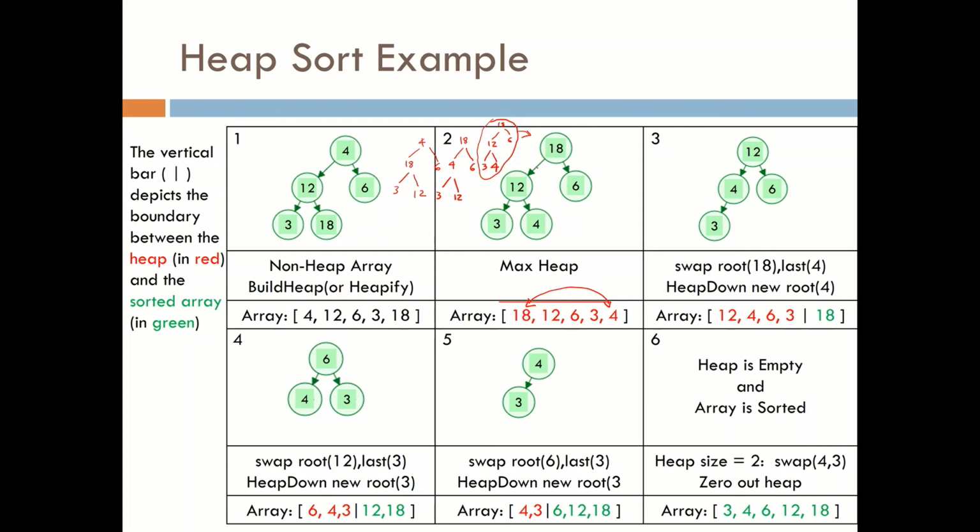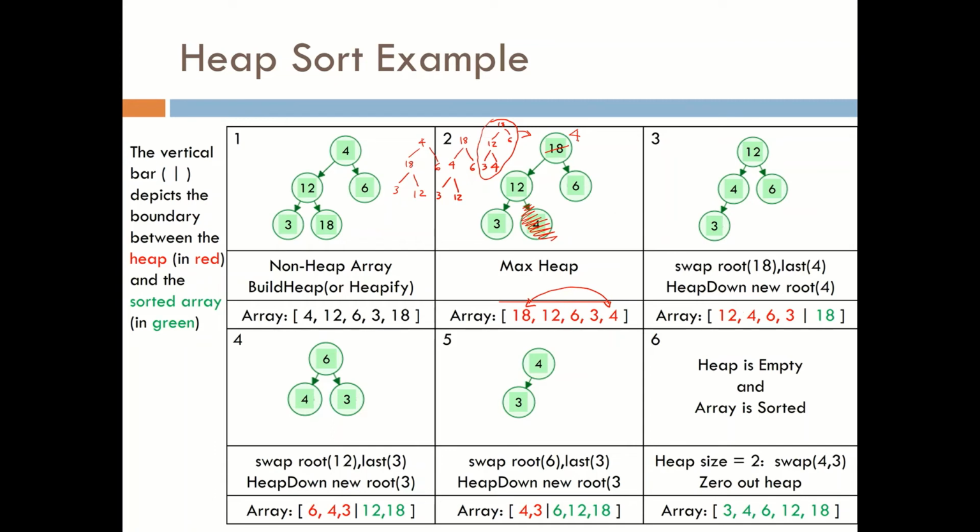So this is gone from the heap, and the 4 is now up here, because you notice that we decrement the size of the heap to only be now 4 nodes.